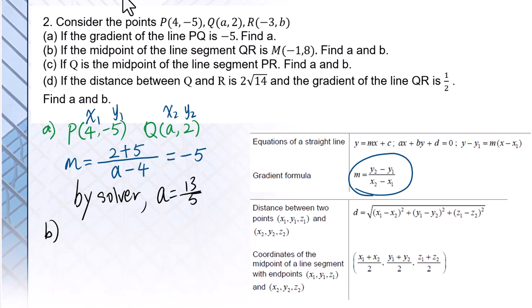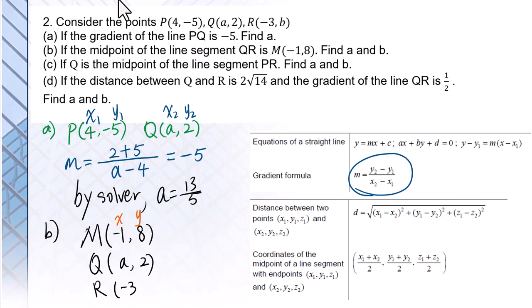Let's go to B. If the midpoint of the line segment QR is M(-1, 8), find a and b. For this midpoint M(-1, 8), let's label as x, y. Q(a, 2), R(-3, b).